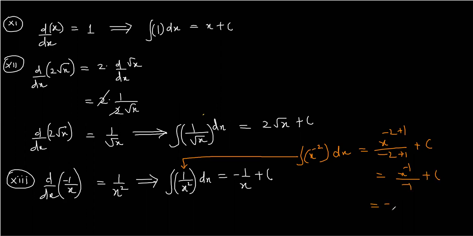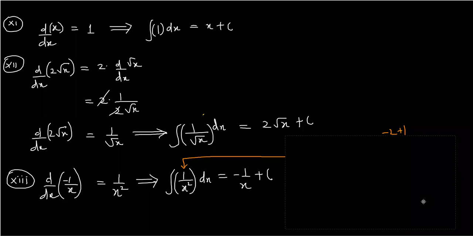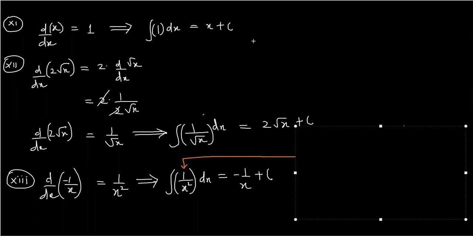That is minus 1 upon x plus c. But my suggestion is, why do you do this? If you can remember this, you get the answer in no time. So take an effort and try to remember this result as I am giving it to you all.